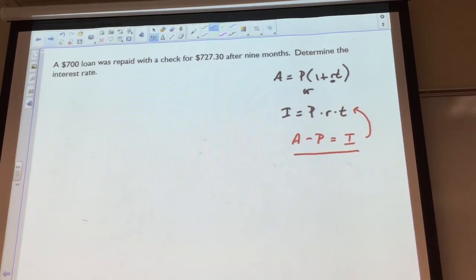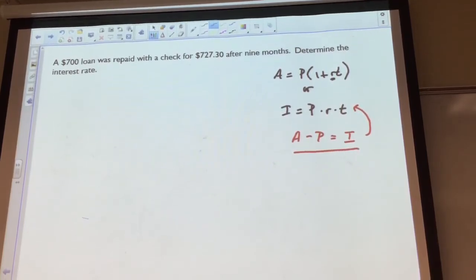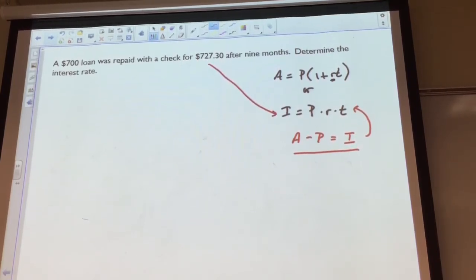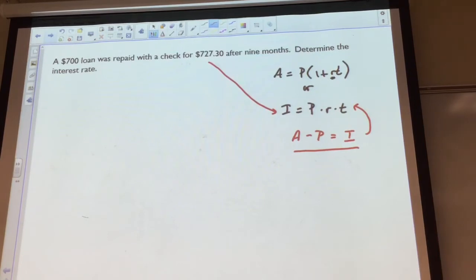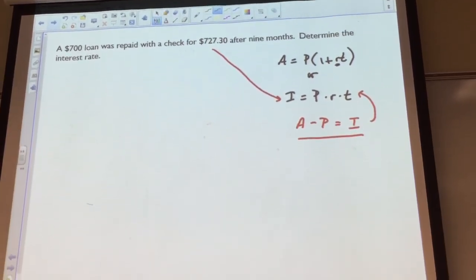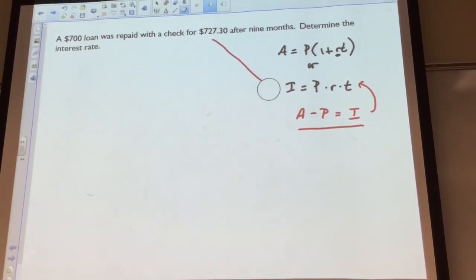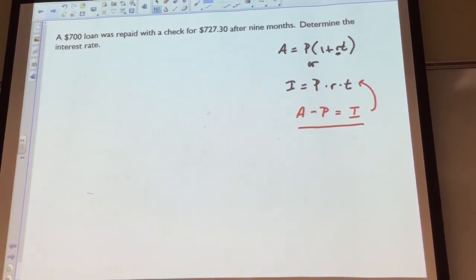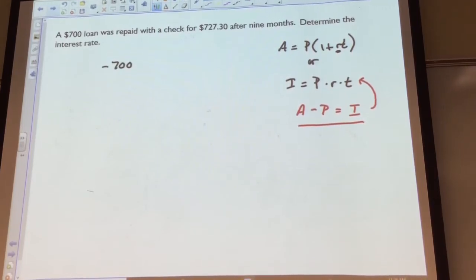But I remember on test number 1, when I gave this problem, a lot of people took this value and said that was interest. True or false? False. You borrowed how much money? But you paid back how much money?